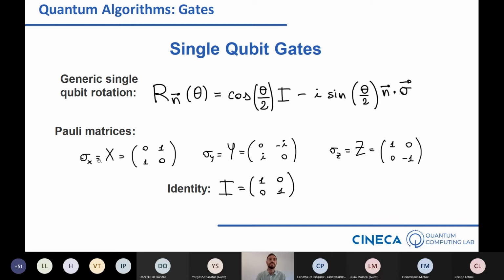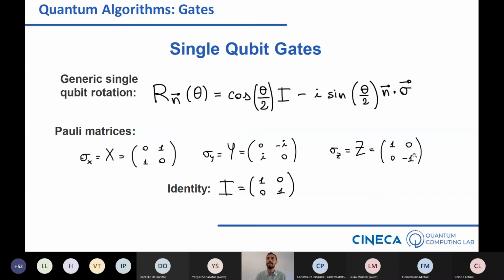Sigma x is the bit flip matrix, the NOT matrix. Sigma y has minus i and i on the off-diagonal terms, and sigma z is 1, minus 1.